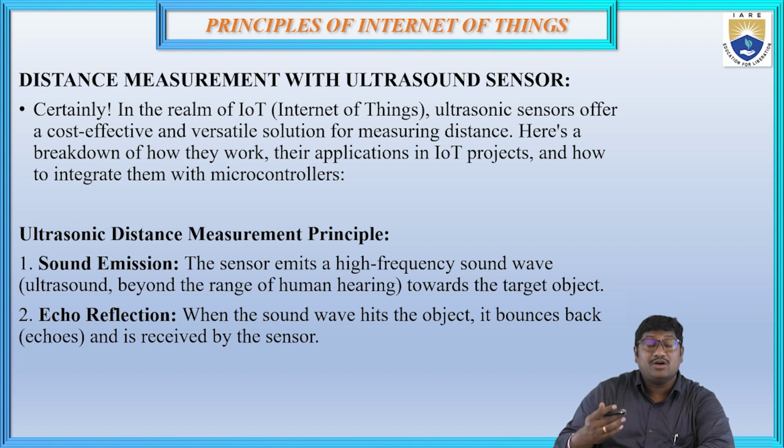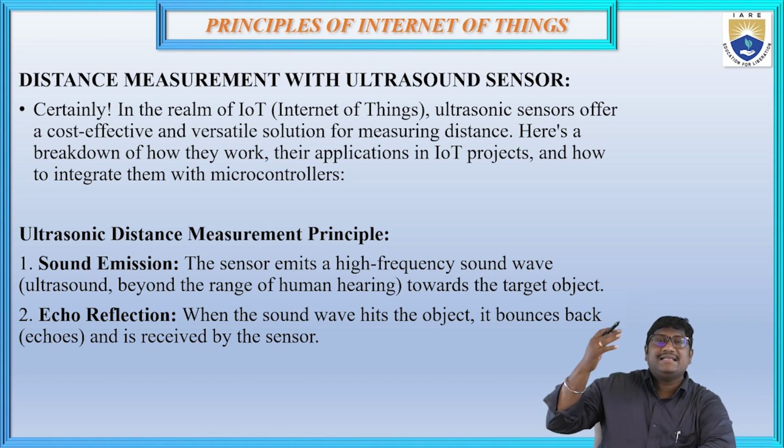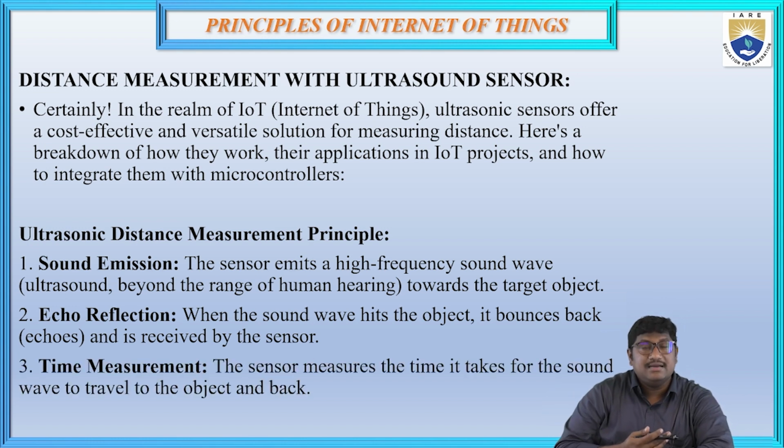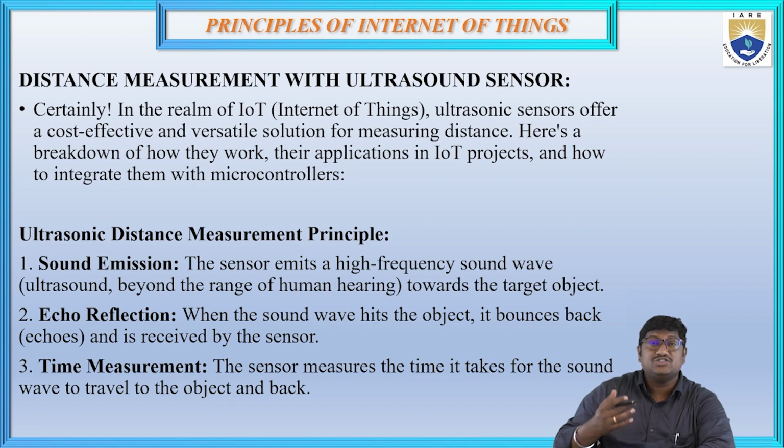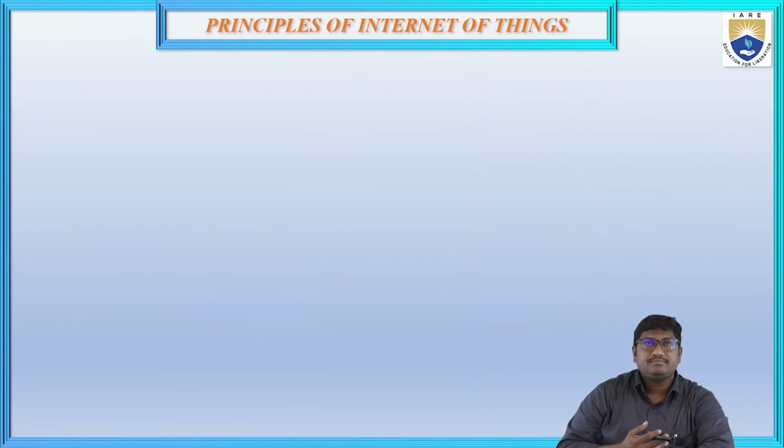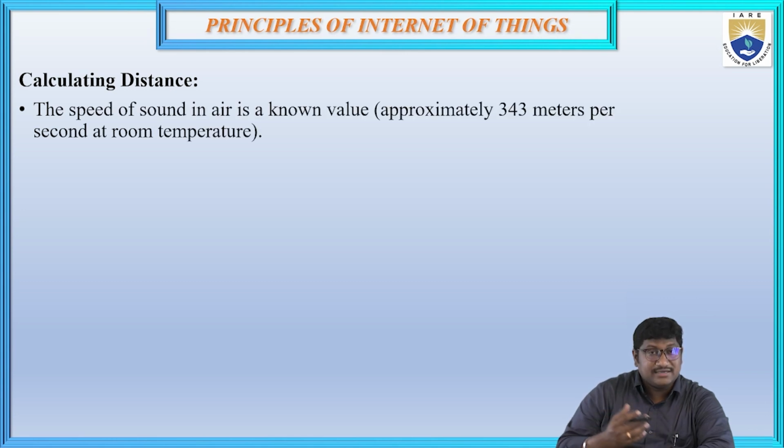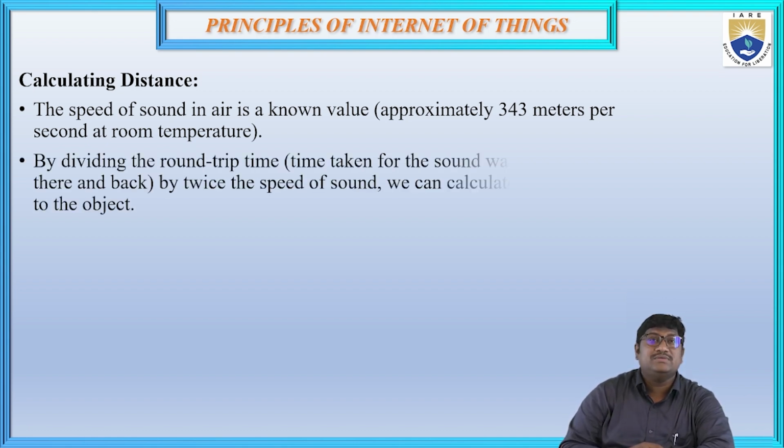Echo reflection: when the sound wave hits the object, it bounces back as an echo which is received by the sensor. Time measurement: the sensor measures the time taken traveling to the object and back. Like an ultrasound scan used for medical purposes. The speed of sound in air is approximately 343 meters per second at room temperature.